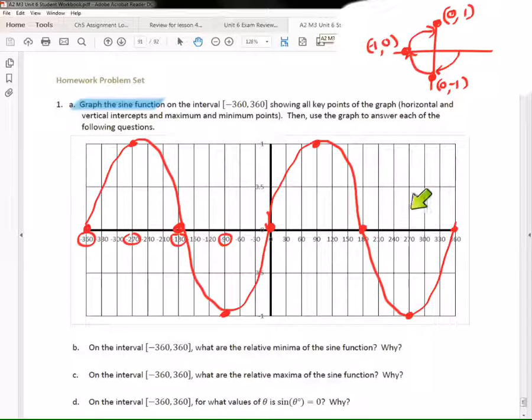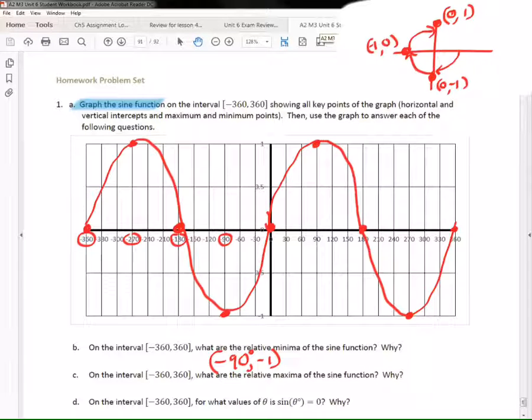Now you can answer these questions. Like this one: what are the relative minima of the sine function? Here's our sine function. Minima means the bottom, right? So these ones are the minimums of this sine function, on this graph that we see. So you would write negative 90 and negative 1.